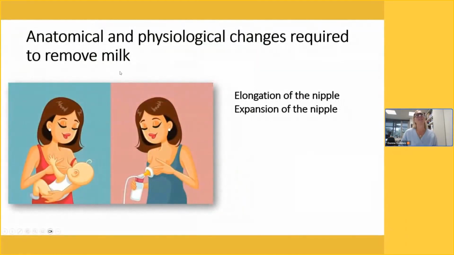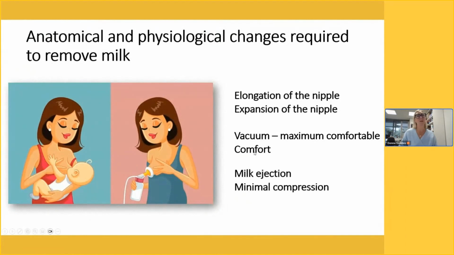So the anatomical and physiological changes required to remove milk involve elongation of the nipple and expansion of the nipple so we can clear the rows, make them good and smooth. We use vacuum. We use a maximum comfortable vacuum. We know that it improves milk removal, but we must have comfort.